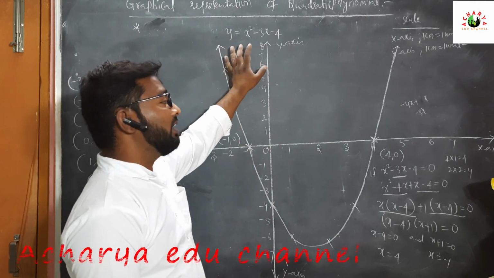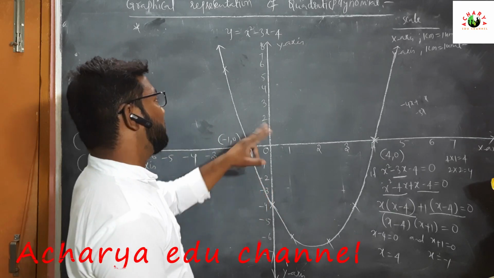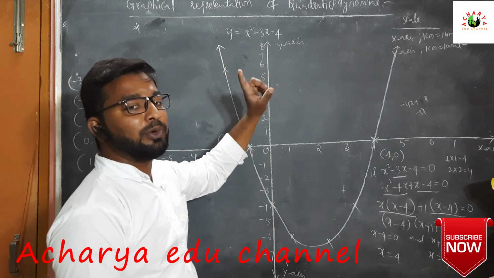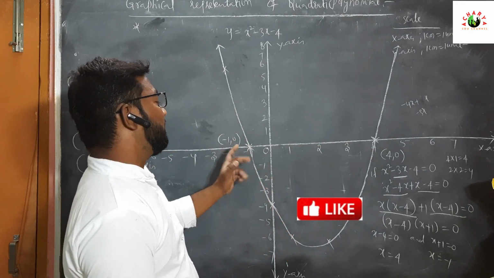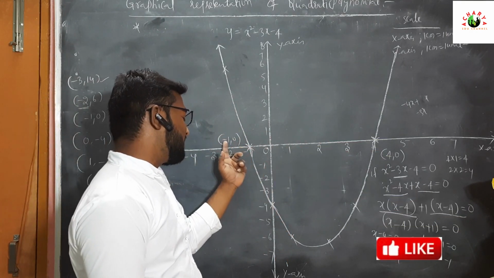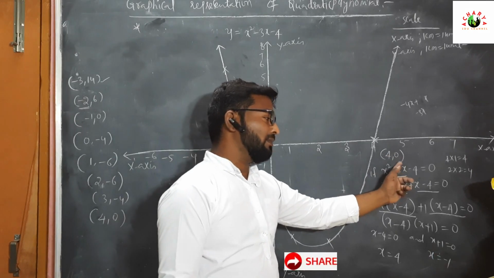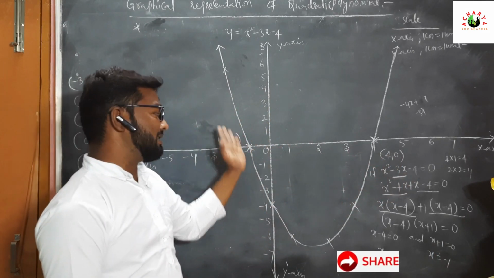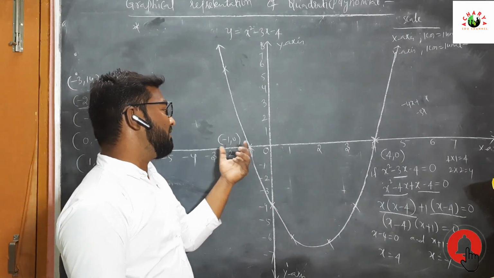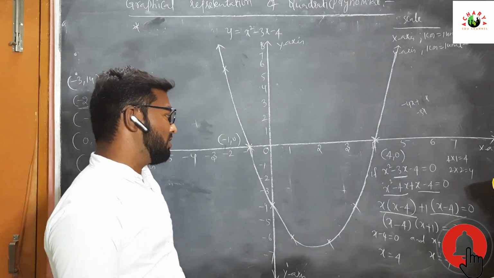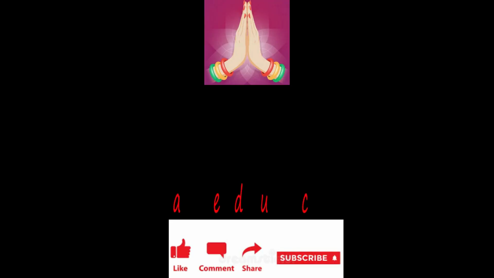The quadratic polynomial has 2 zeros because its degree is 2. By using the graph also we have verified the 2 zeros, minus 1 comma 0 and 4 comma 0. These 2 points touch the x-axis, that's why we call them zeros. Okay.